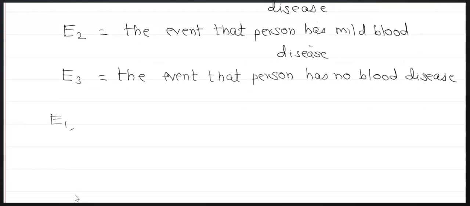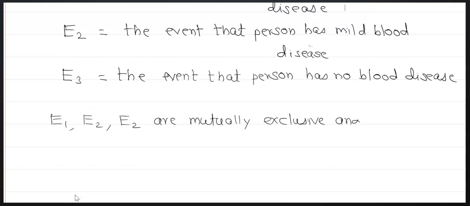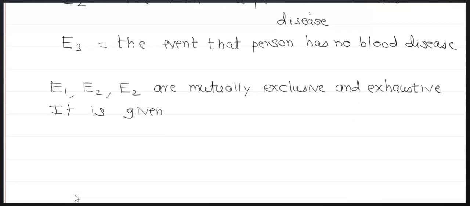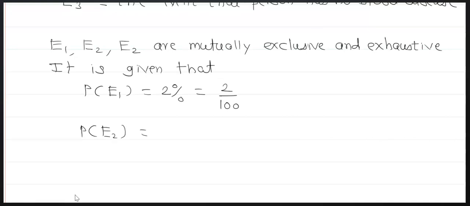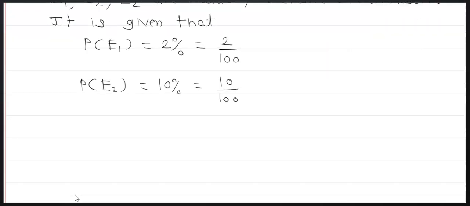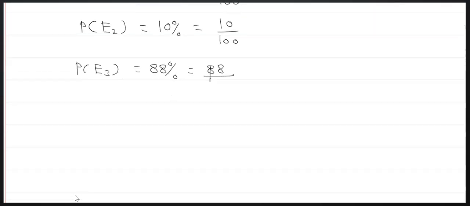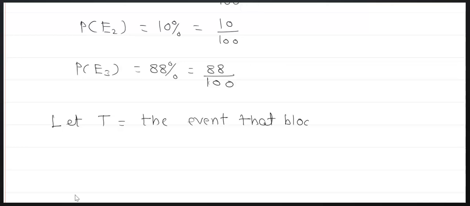E1, E2, E3 are mutually exclusive and exhaustive events. It is given that the probability of E1 is 2%, 2 upon 100, E2 is 10%, and last is probability of E3 is 88%, that is 88 upon 100. Let capital T show the positive test.